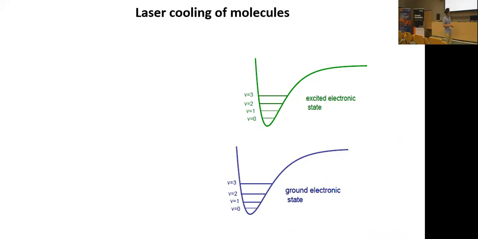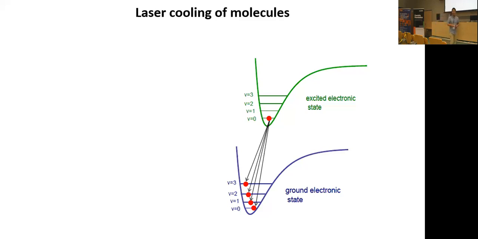In a molecule, if we drive this transition, for example, then this state can decay to any of the vibrational levels because there is no selection rule for vibrational transitions. That means we have to repump all these vibrational levels using different lasers, which is a pain.